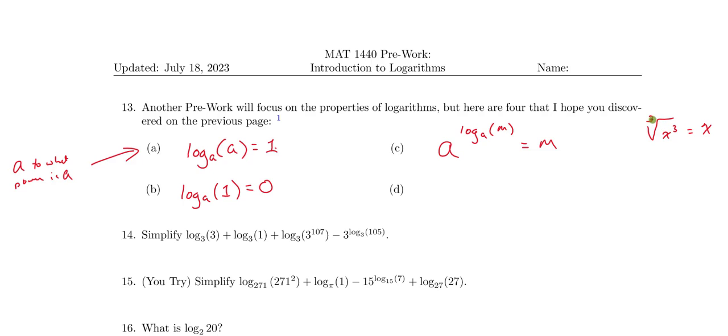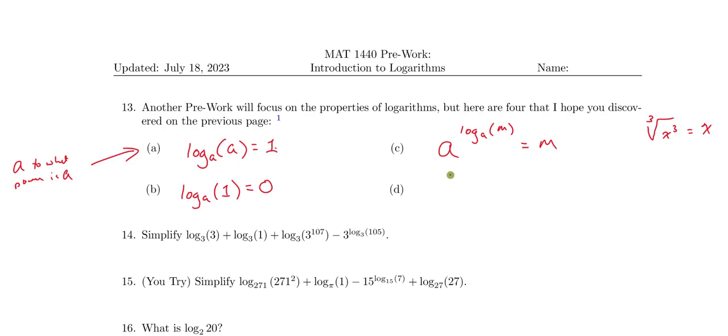So some students like to say that the cube root and the cubing operation canceled one another out to arrive at just x. This one doesn't quite roll off the tongue, but it's the same result, that when we take the log base a of m and then exponentiate that result, we're back to just the number m.